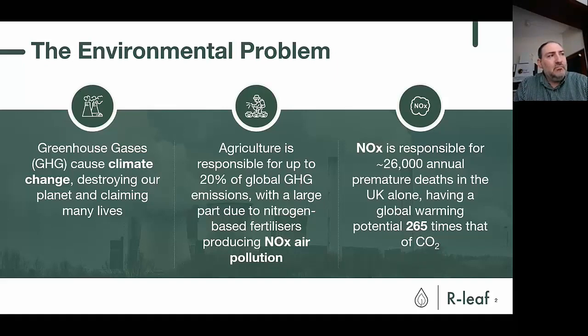Similarly, bacteria that produce nitrogen, again, they produce nitrogen, but they don't have an effect, as we do, on the existing levels of atmospheric nitrous oxide. So that's the unique point about RLIF.